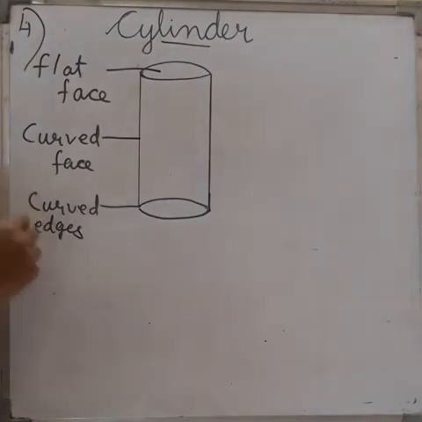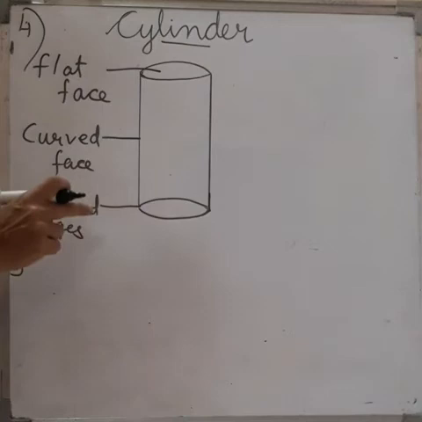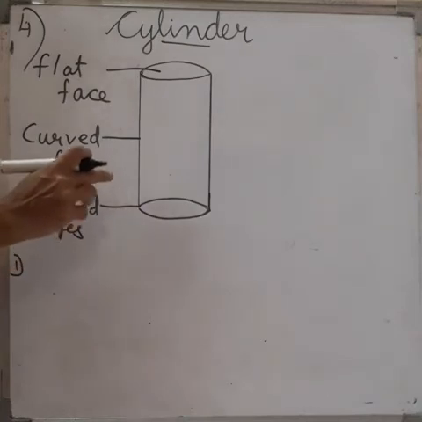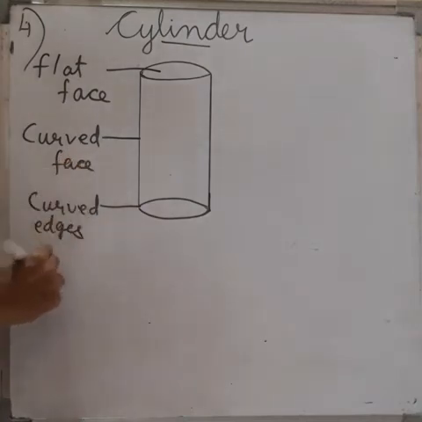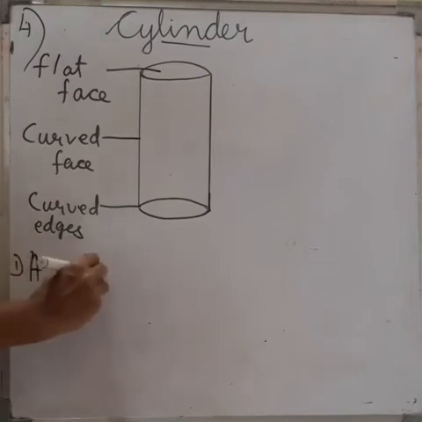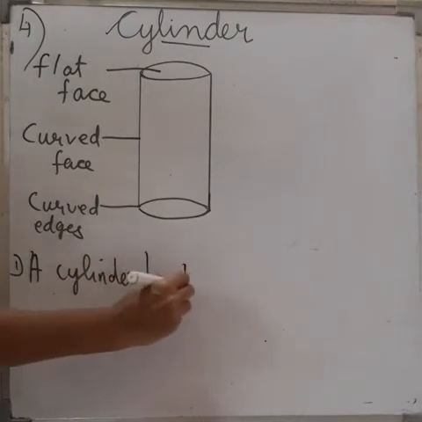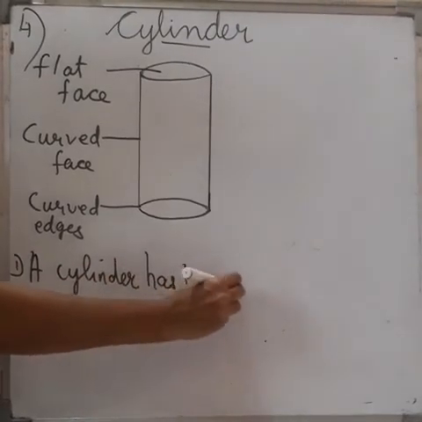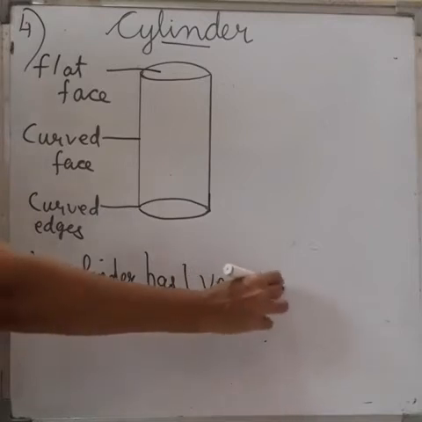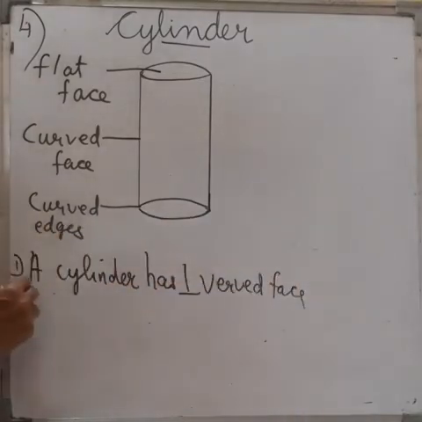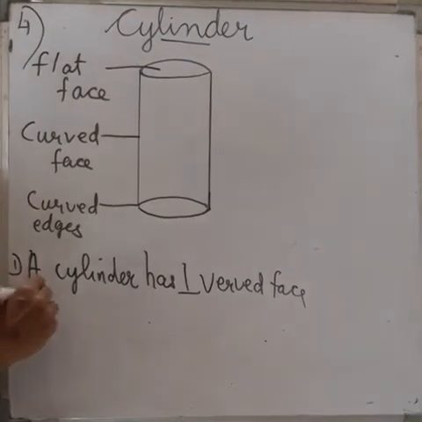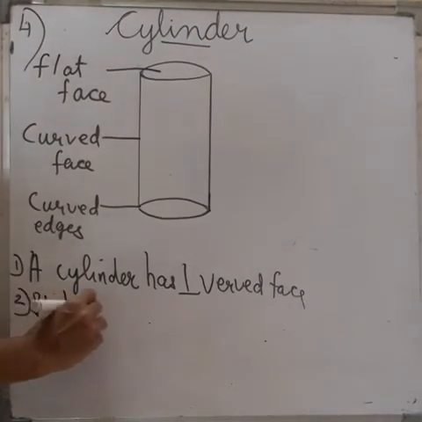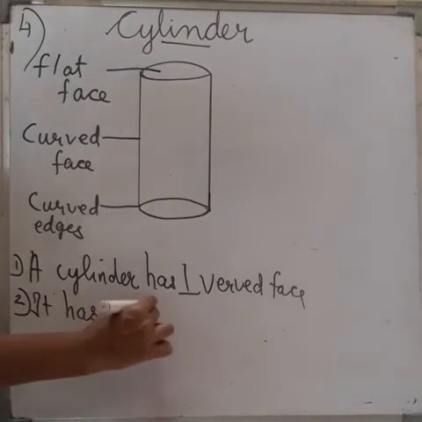So, when you draw a cylinder, you have to remember some points. These are the points you have to listen. A cylinder has one curved face. And the second point is it has two flat faces.